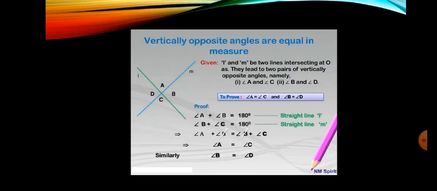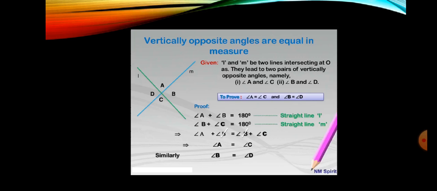Our next theorem is: vertically opposite angles are equal in measure. In the last session we discussed vertically opposite angles, where two lines intersect at a common point and form four angles, and the opposite angles are equal.